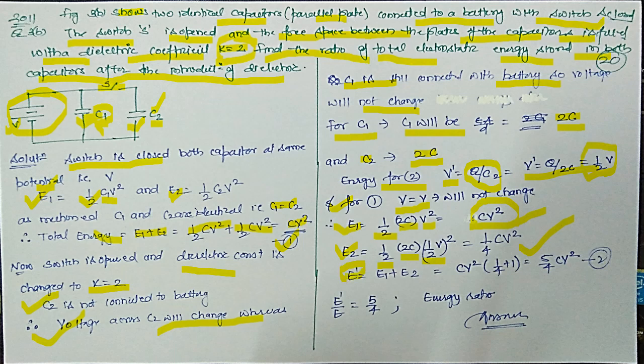So E dash is equals to E1 plus E2, which is equals to 5 upon 4 CV square. Now you need to find out the ratio of E dash and E. So E dash by E is equals to 5 by 4. So this is the energy ratio which is required as per the question.